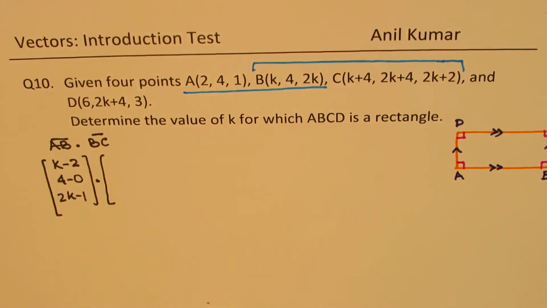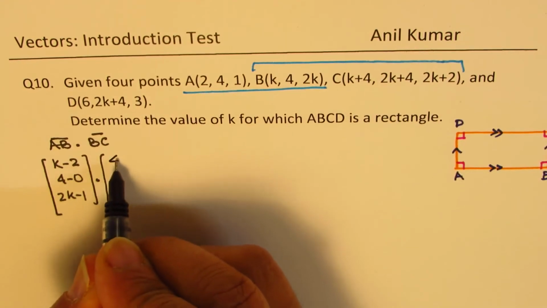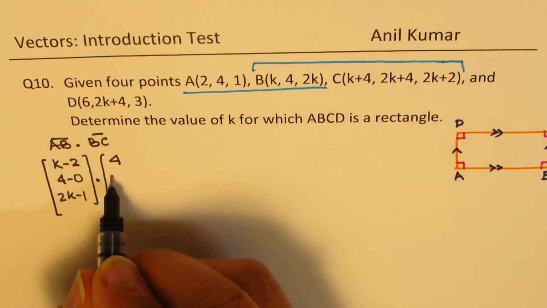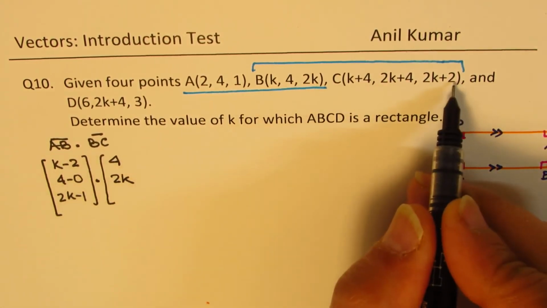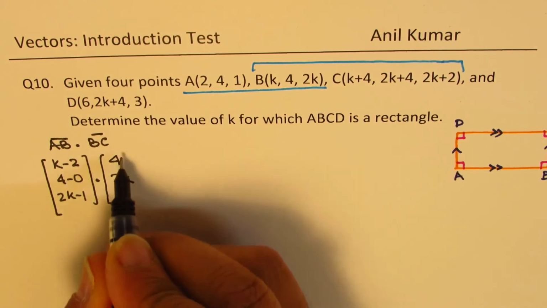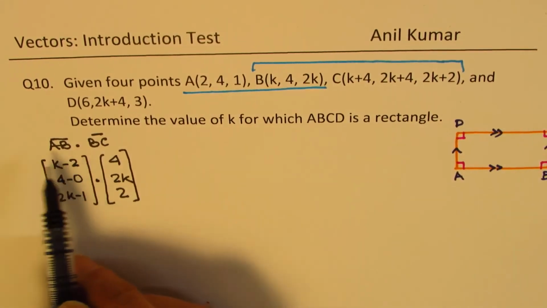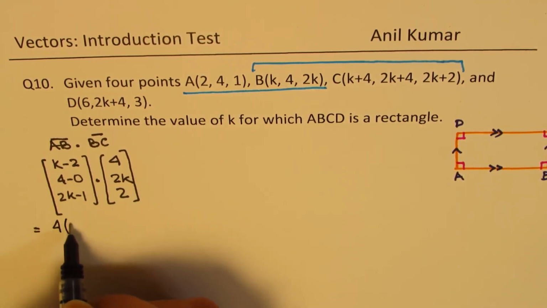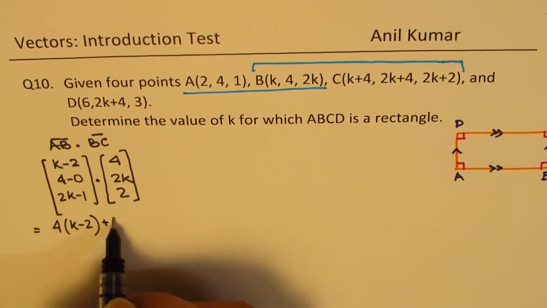Okay. So K plus 4 minus K will give you 4. 2K plus 4 minus 4 will give you 2K. And 2K plus 2 minus 2K will give you 2. So AB dot BC is equal to 4 times K minus 2, that is 0, right?